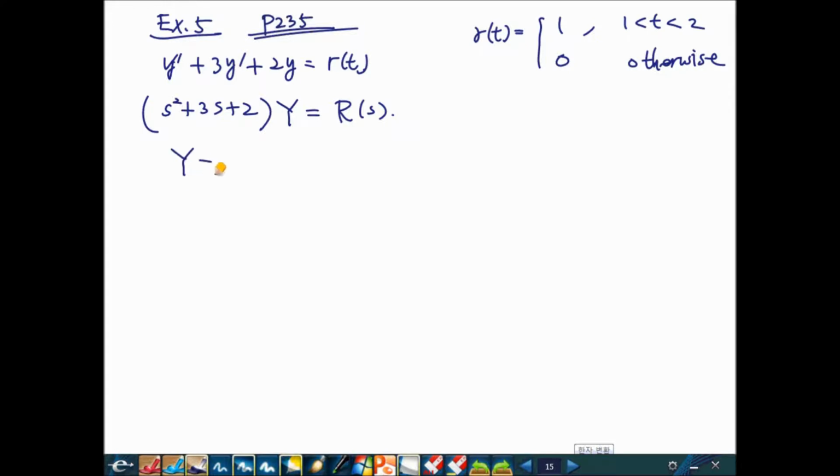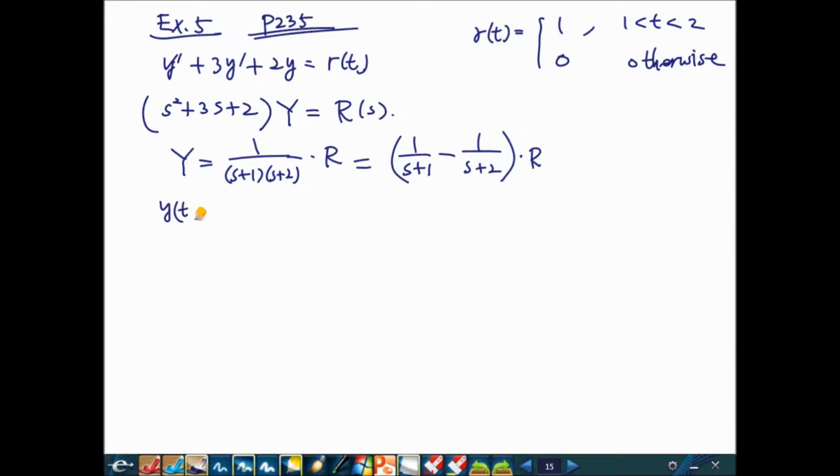Let's take this: it's partially 1 over (s plus 1)(s plus 2) times R. So it's 1 over (s plus 1) minus 1 over (s plus 2) times R. And the inverse is the inverse Laplace transform, which is 1 over s plus 1 minus 1 over s plus 2.